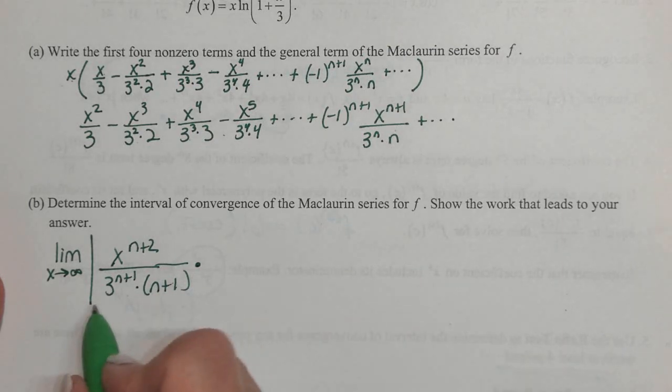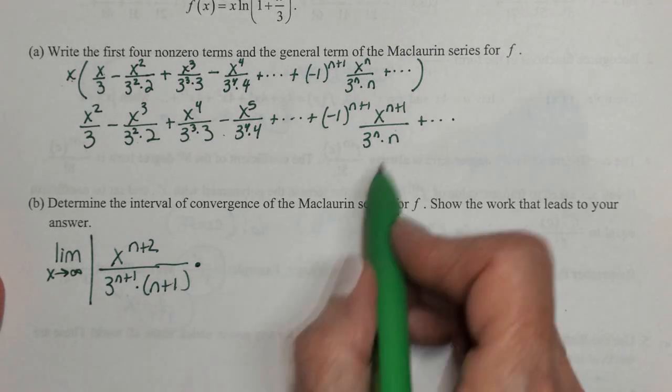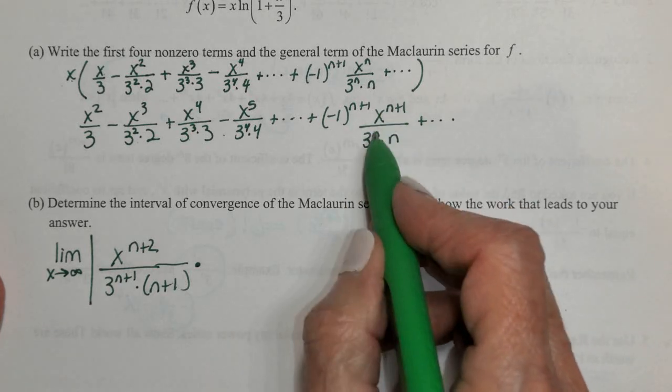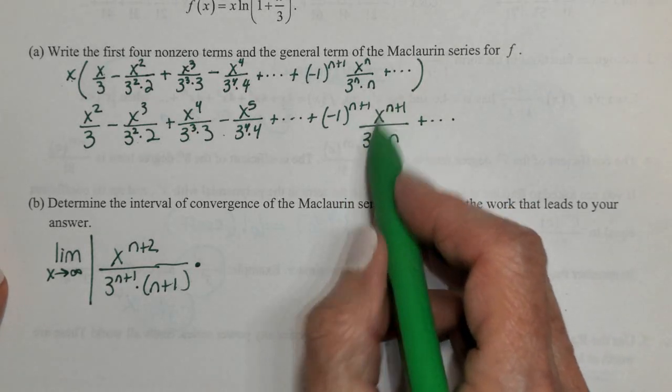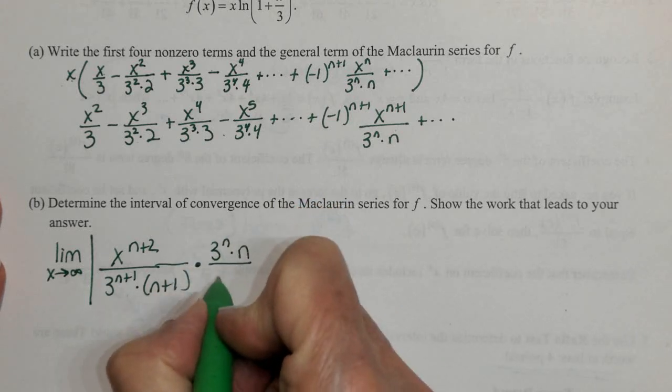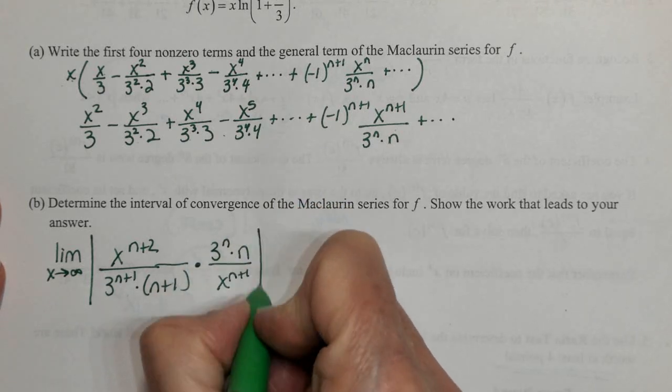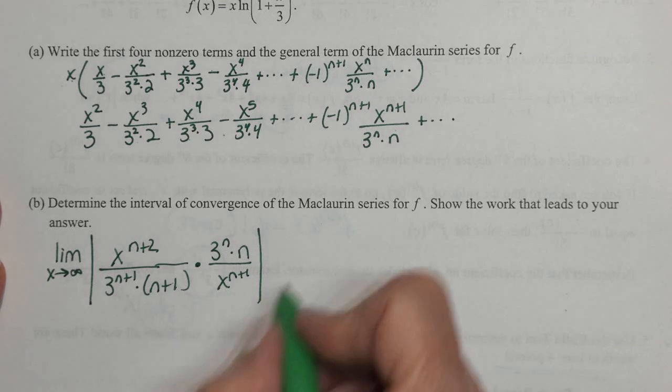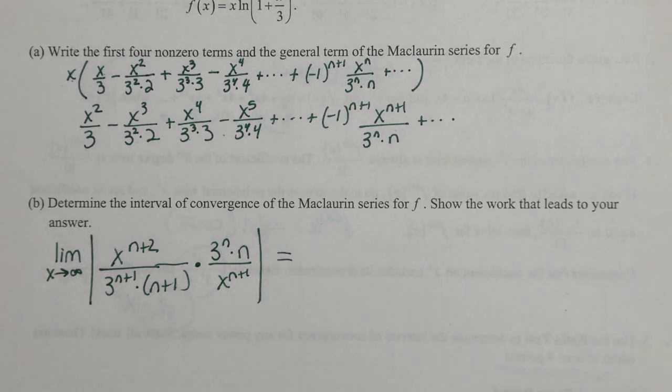And then we're dividing by the nth term. We're dividing by that as it is, which is the same as multiplying by its reciprocal, 3 to the n times n over x to the n plus 1. Now we do the limit.